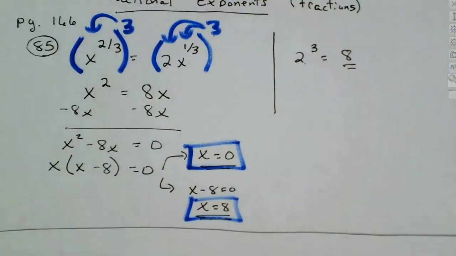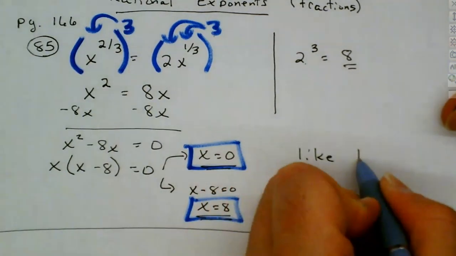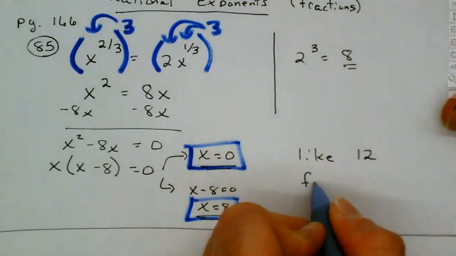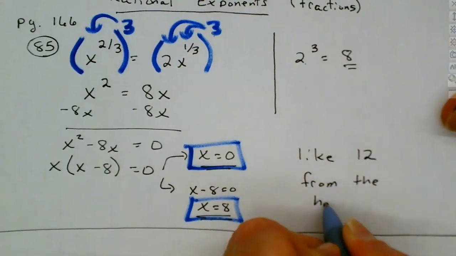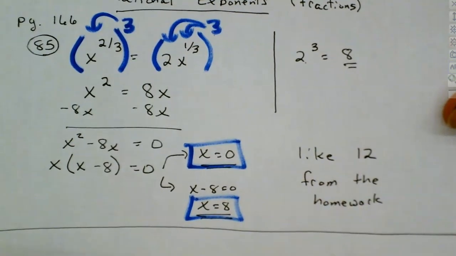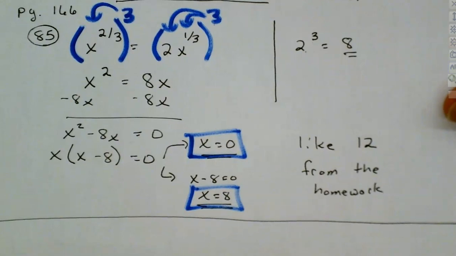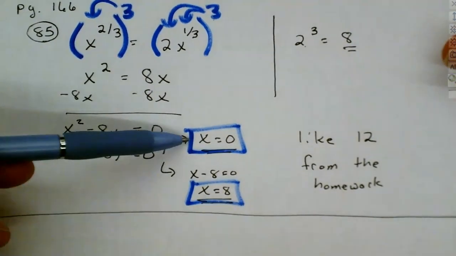And this looks like question 12 from the homework. Sure. So when it's x squared equals 8x, and we just divide by x, then we get x equals 8. You'll get x equals 8, but you have to remember that you actually have 2 solutions.